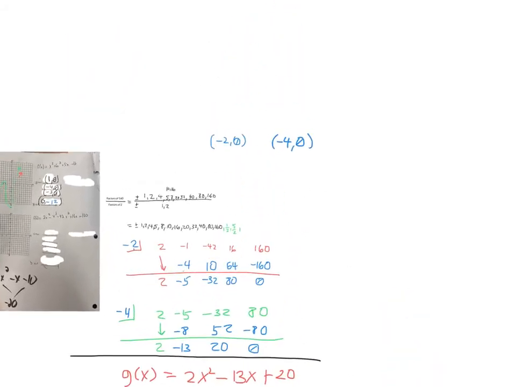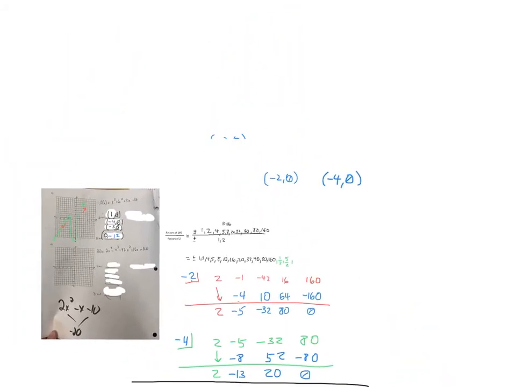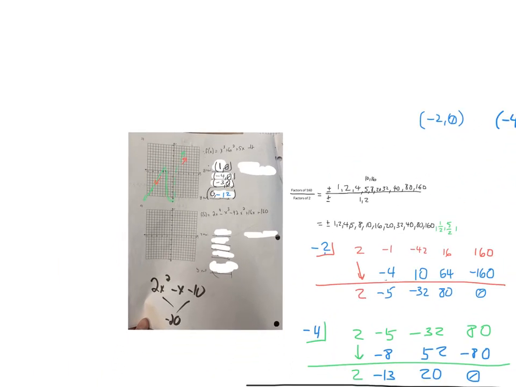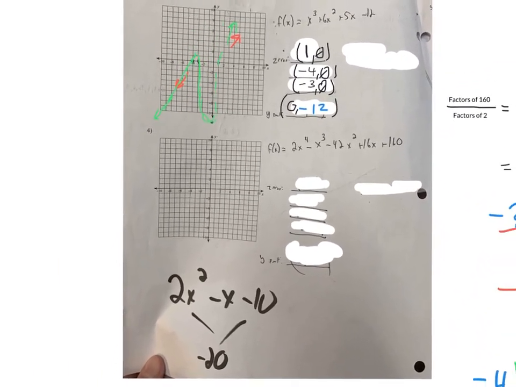So we're going to go all the way back up here and just list that 5 over 2, comma 0, and 4, comma 0. All right, so we have negative 2, comma 0, negative 4, comma 0, 5 over 2, comma 0, and 4, comma 0. So let's write that in this sheet.